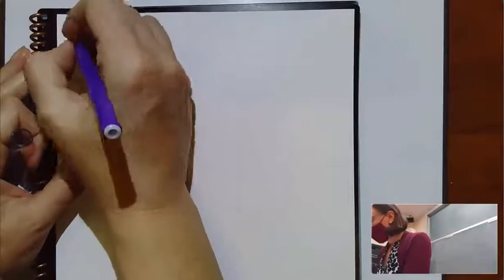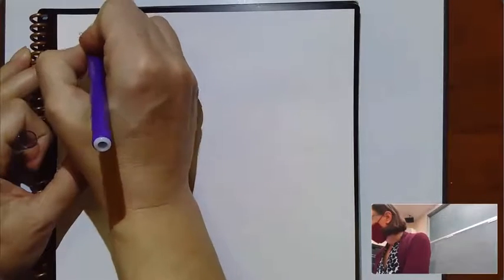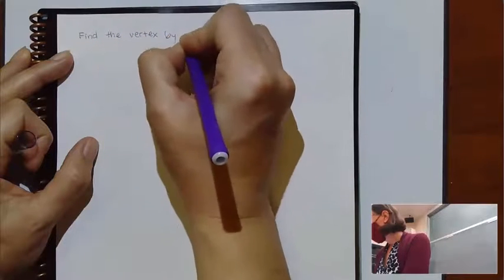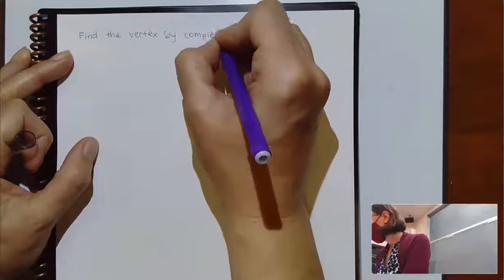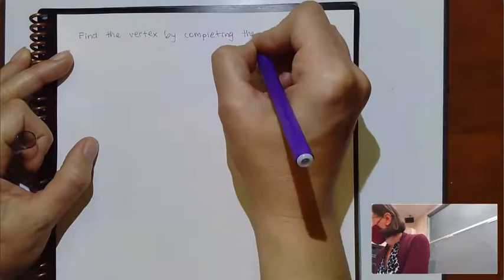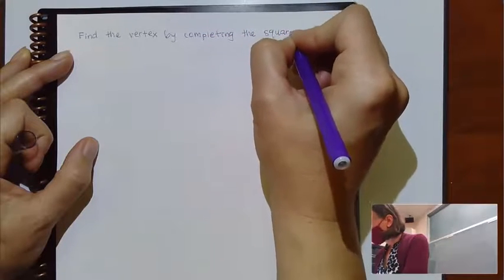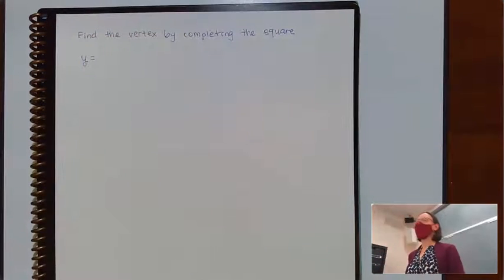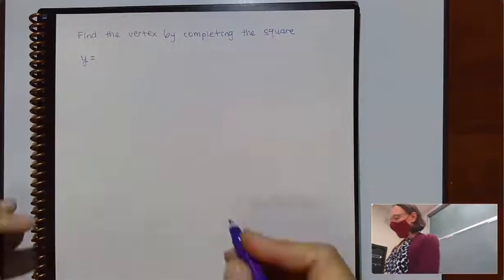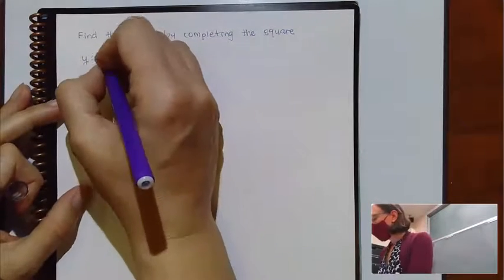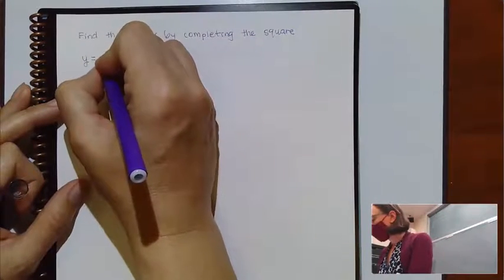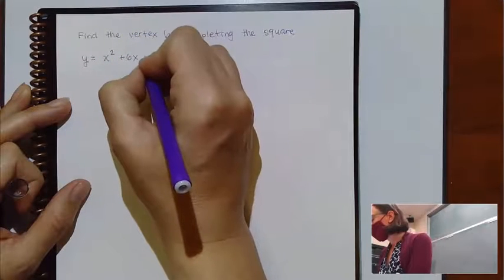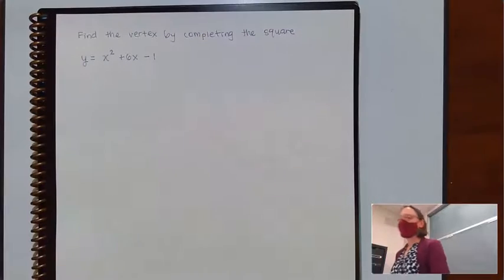So let's find the vertex by completing the square. And let's say y is equal to x squared plus 6x minus 1.